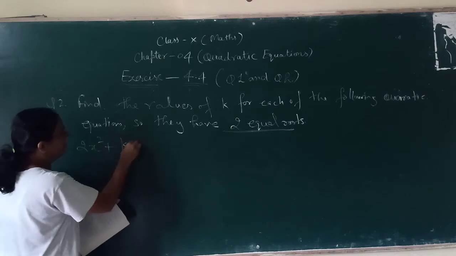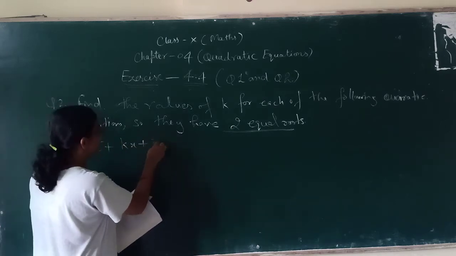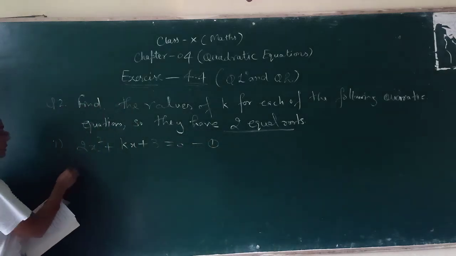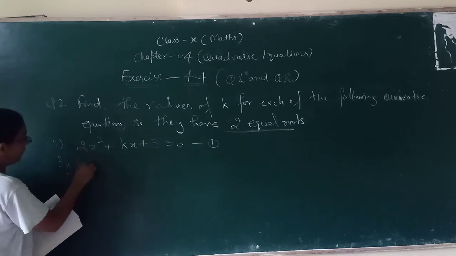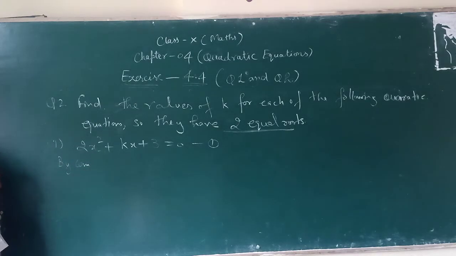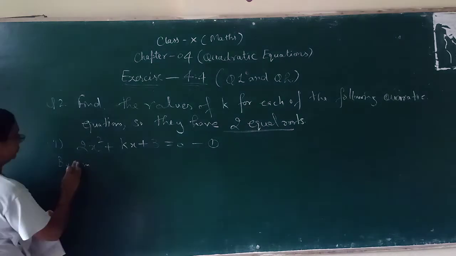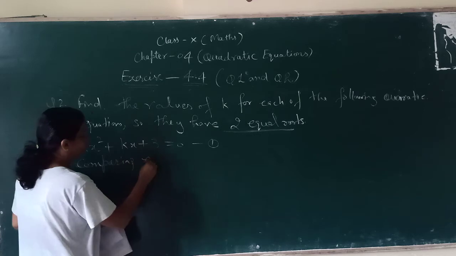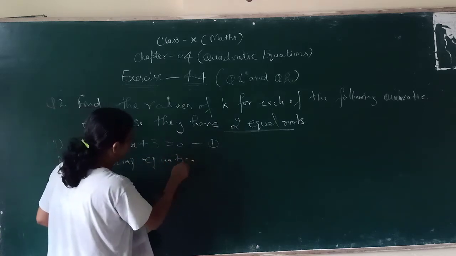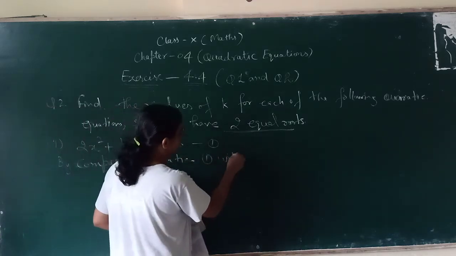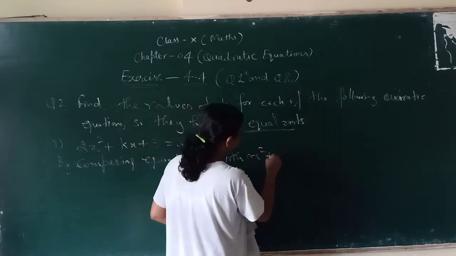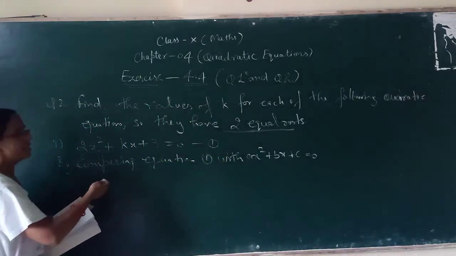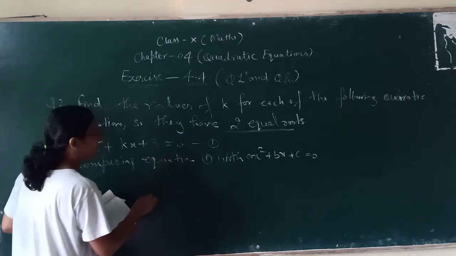Now the first part is here: 2x square plus kx plus 3 is equal to 0. This is the equation given to you. By comparing the given equation with ax square plus bx plus c is equal to 0, some students think why this line is written in white, but this is important.